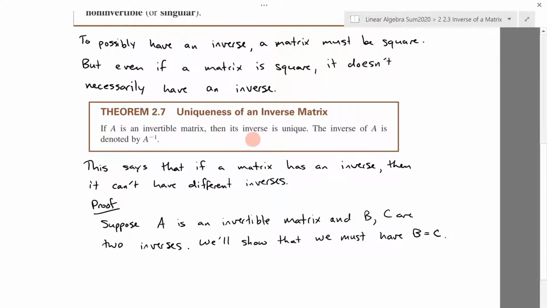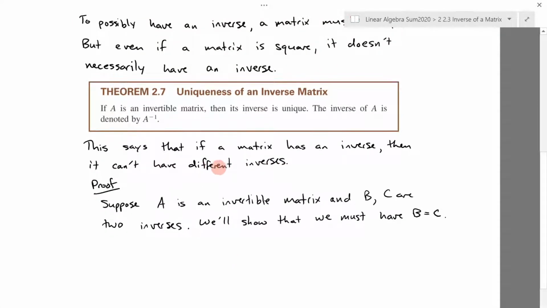A statement like this isn't too hard to prove. It means that if a matrix has an inverse, then it can't have different inverses. To prove it, you suppose that A is an invertible matrix, and B and C are two inverses to A. You can't possibly have two different inverses, so that must mean that B and C have to be the same.